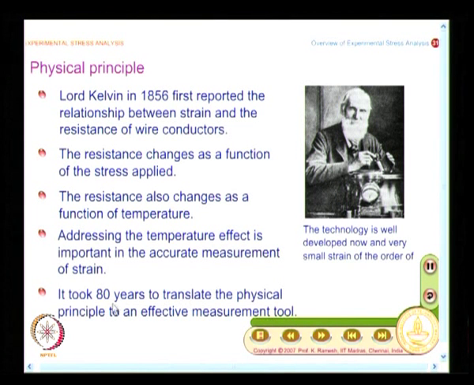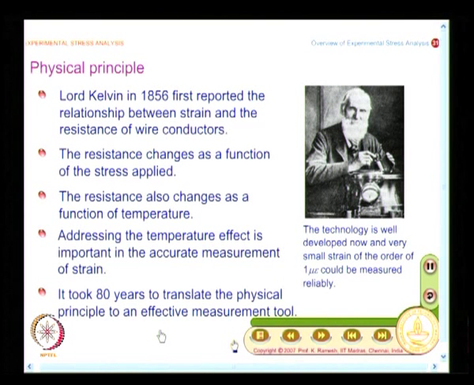So, addressing the temperature effect is important in the accurate measurement of strain. And if you look at it as a technology, it took almost 80 years to translate the physical principle to an effective measurement tool.